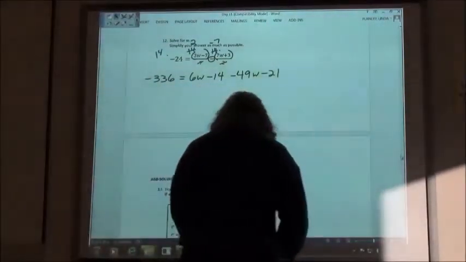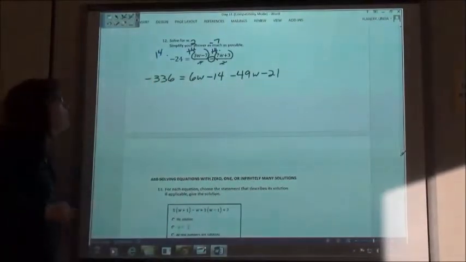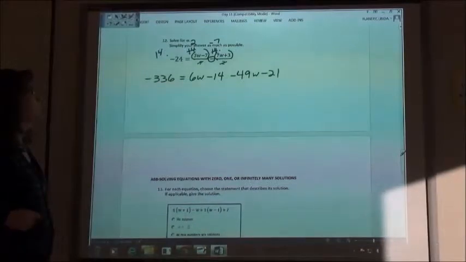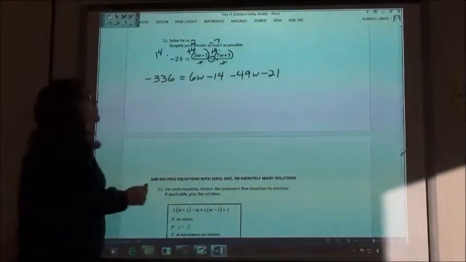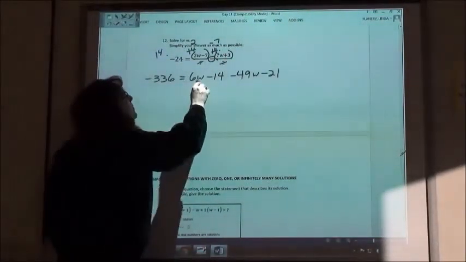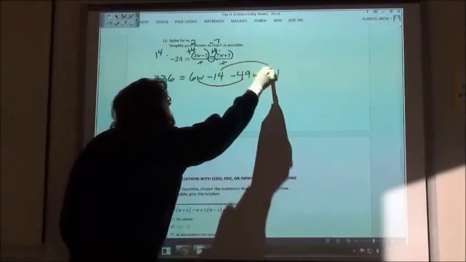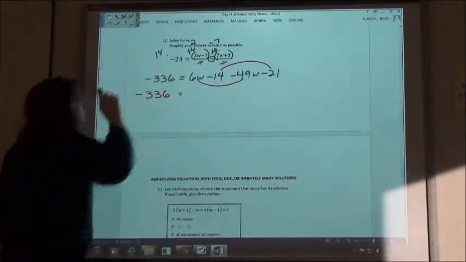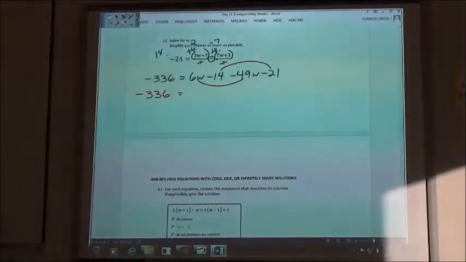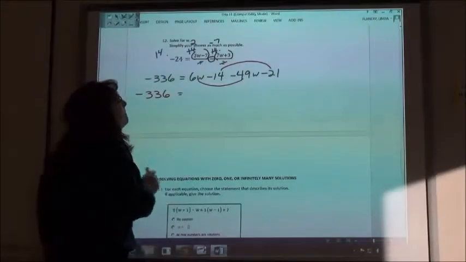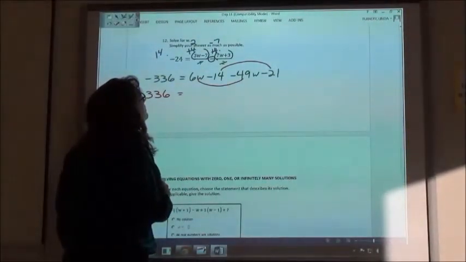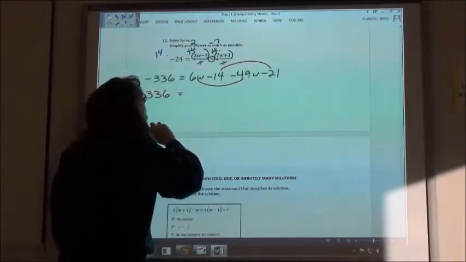So next thing we probably want to do is put the 6w minus 49w together, and then the minus 14 minus 21. So we're combining our like terms. 6 minus 21 equals negative 15w?